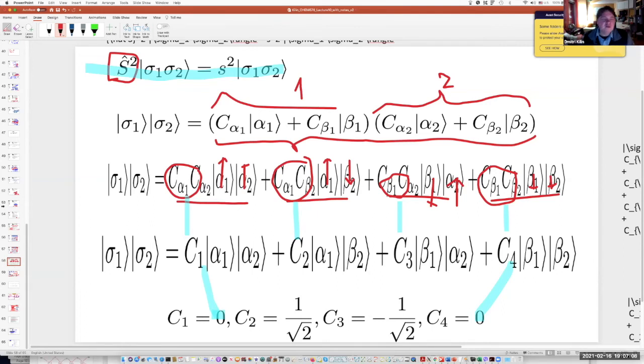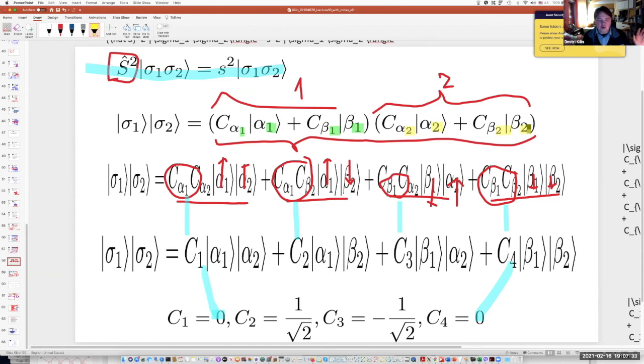In order to address the first and second spin, I will add the labels 1 and 2 to the general spin wave functions that are composed of alpha and beta, C alpha, C beta.